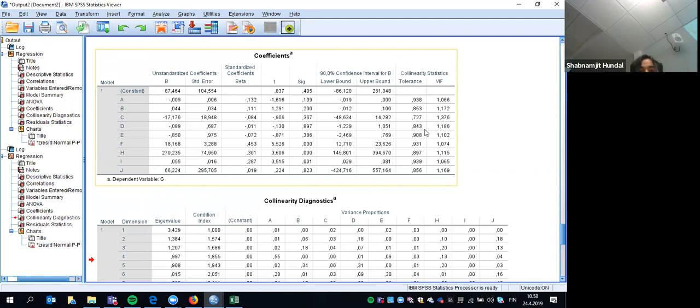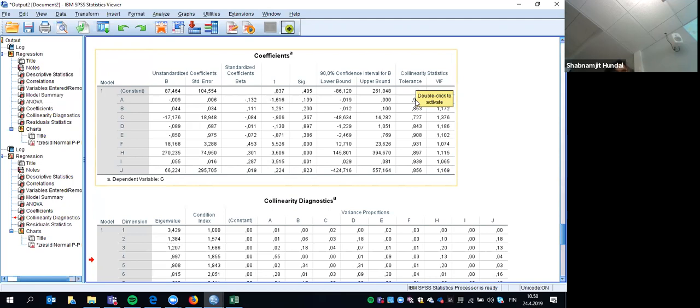Okay. The next thing which we see is the collinearity. Remember I told you that there is a collinearity thingy. Remember once we were choosing, I was asking you to take the collinearity. The collinearity is very important.